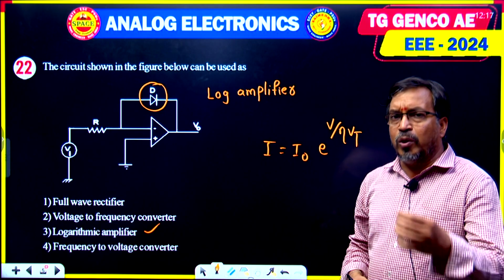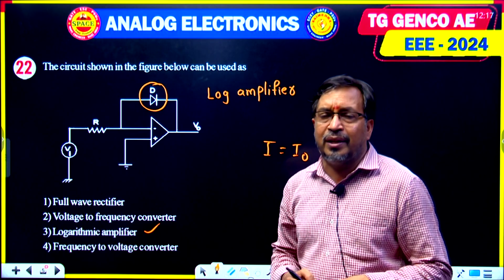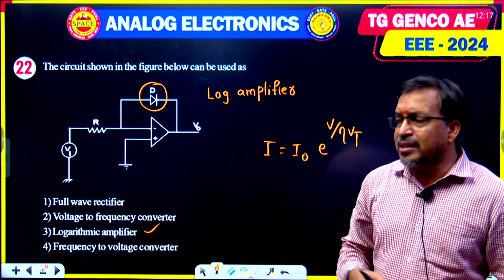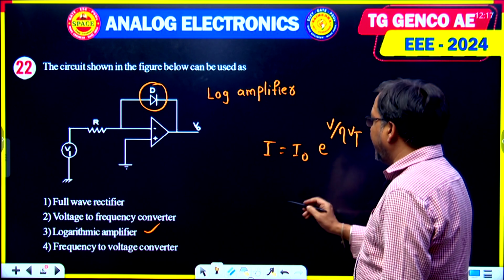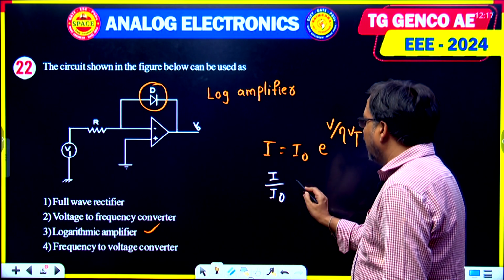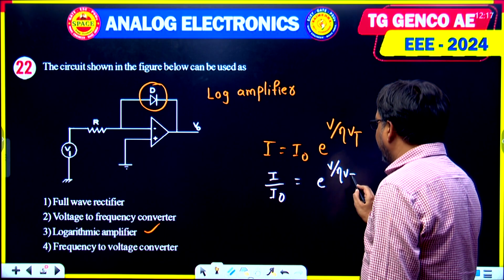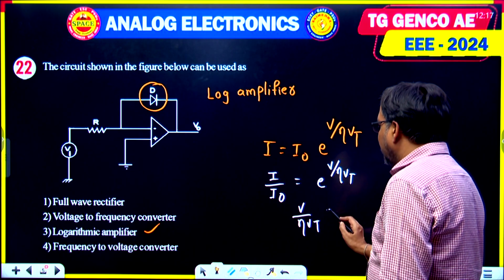So here when voltage increases, the current increases exponentially. The same equation, I am writing in terms of voltage. See here, I by I naught equals e power V by eta Vt. Then from this equation, V by eta Vt equals what?